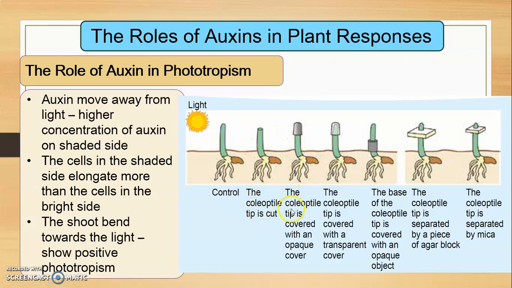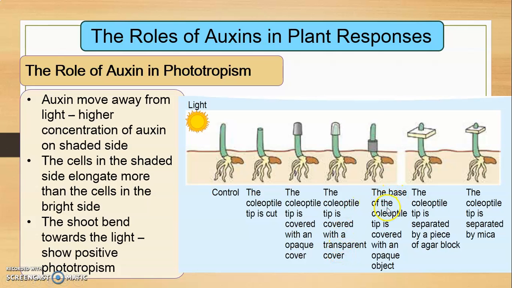The third one, the coleoptile tip is covered with an opaque cover, ditutup dengan pelindung yang opaque. Opaque ni maksudnya yang tidak tembus cahaya. Then the coleoptile tip is covered with a transparent cover. Ini yang dilindungi dengan transparent ya, cahaya boleh masuk ya.